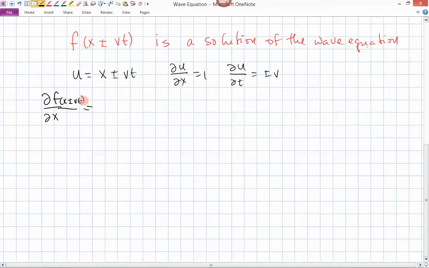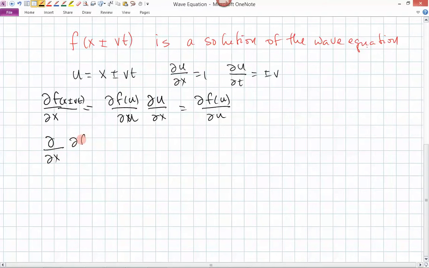This is partial of f of u with respect to u, times partial u with respect to x, and this quantity here is 1, so this is just partial f of u with respect to u. Let's try the second derivative, which is partial with respect to x of partial of f with respect to x.